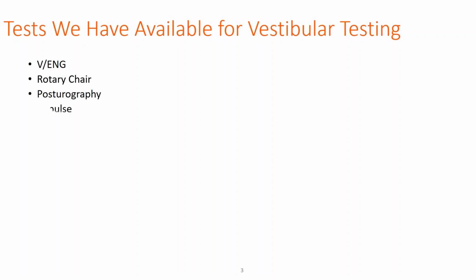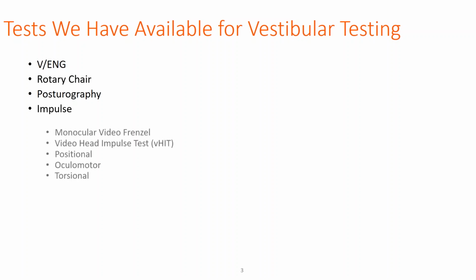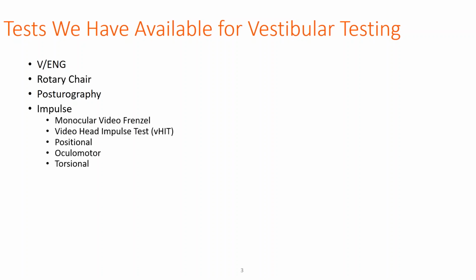Posturography is another test that we have out there now, and that's exciting. That's been out for a while, and now that we are partnered with Natus, we have access to that technology, and it's exciting to see all the things that people are really doing with it. And the more I talk to people, the more I find out that this test is being done. We have the ICS impulse device, and it's something I think of not just for doing video head impulse test, but a lot of our system can do so much more than just a video head impulse test.